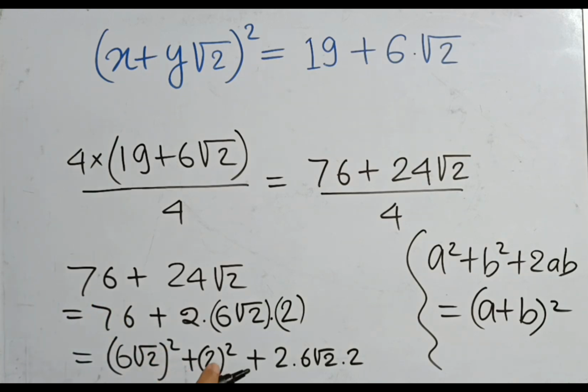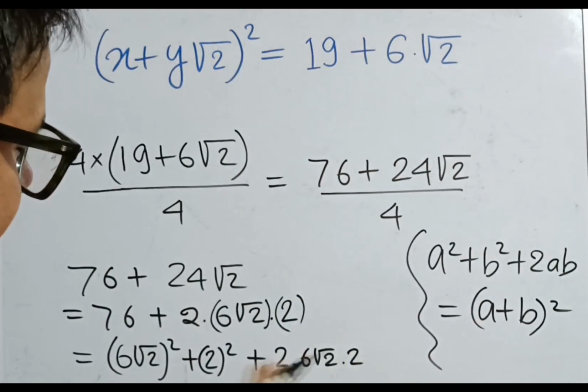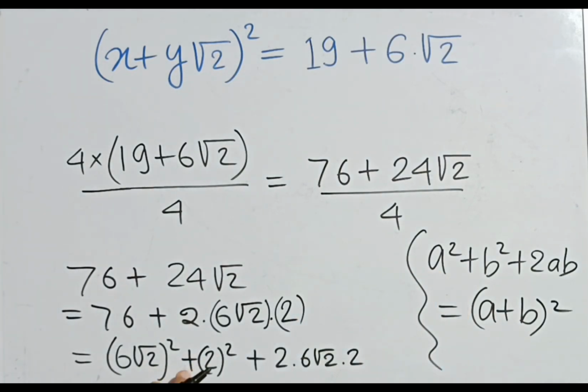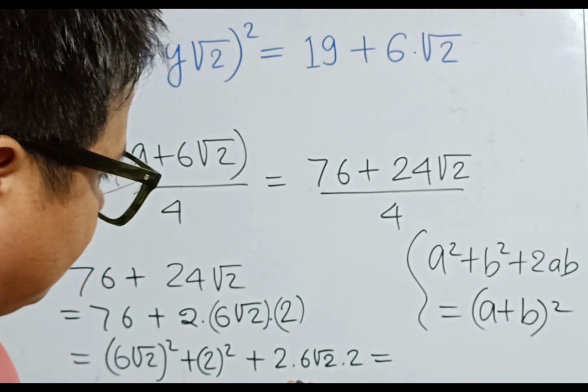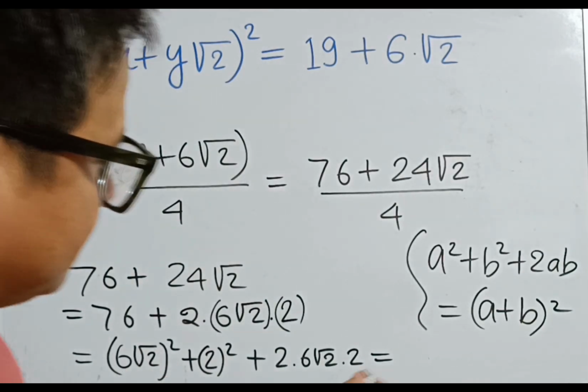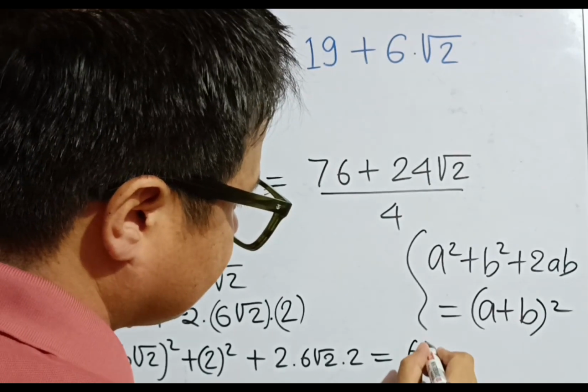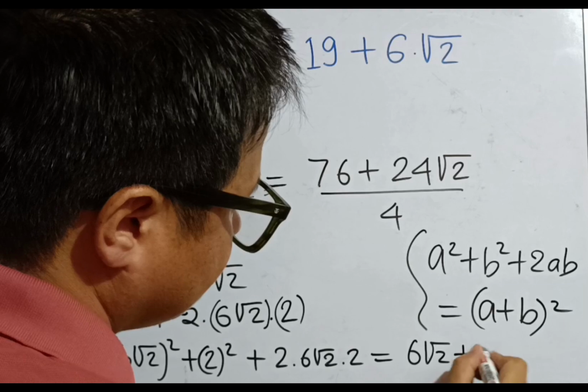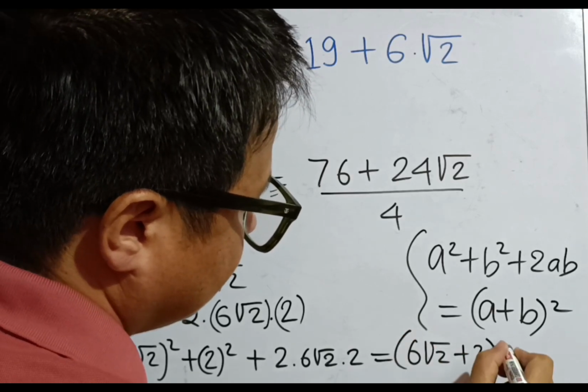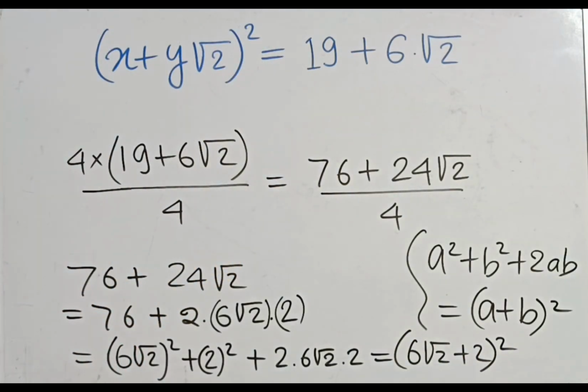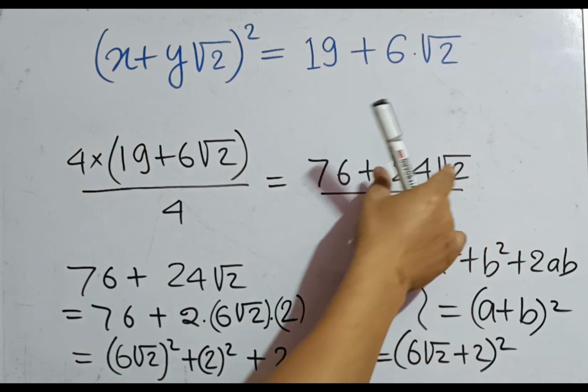So by using the formula, we can express this in the form of (a + b)². Here a is 6√2 and b is 2, so it is equal to (6√2 + 2)².